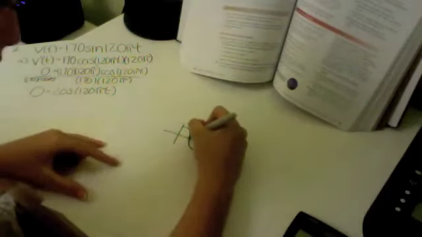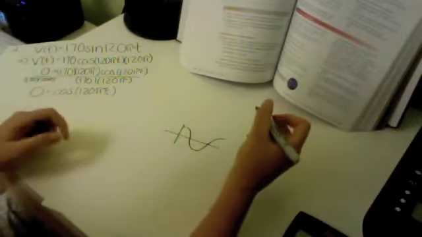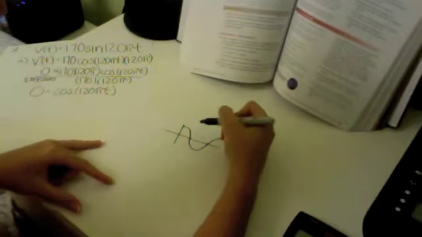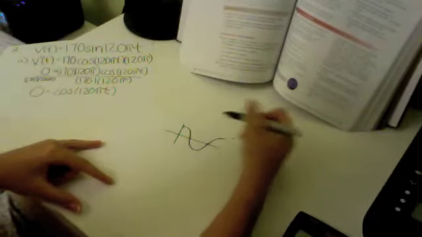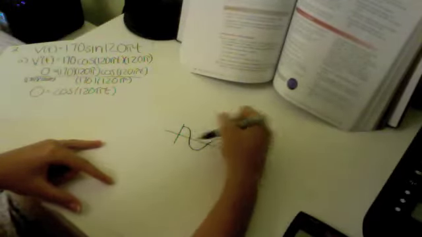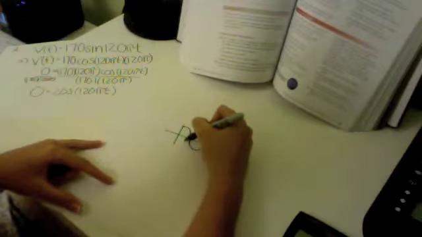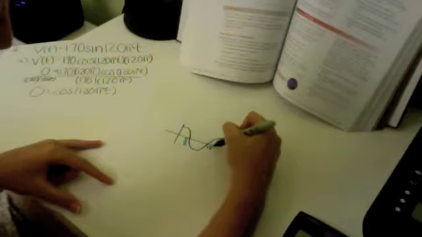Using the derivative, we know the points where it's 0 are going to be the real turning points. So this is really the max and this is really going to be the min. This is at pi over 2. This is at 3 pi over 2.